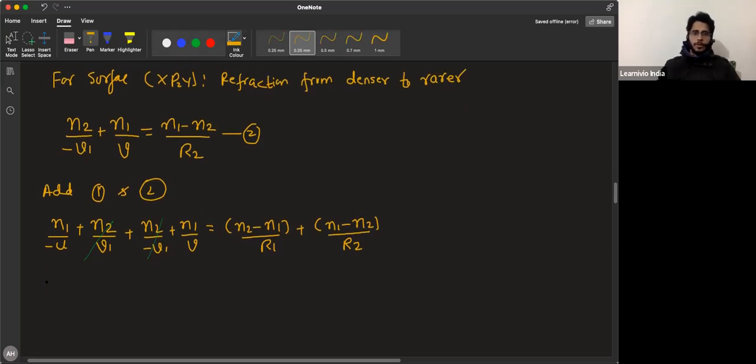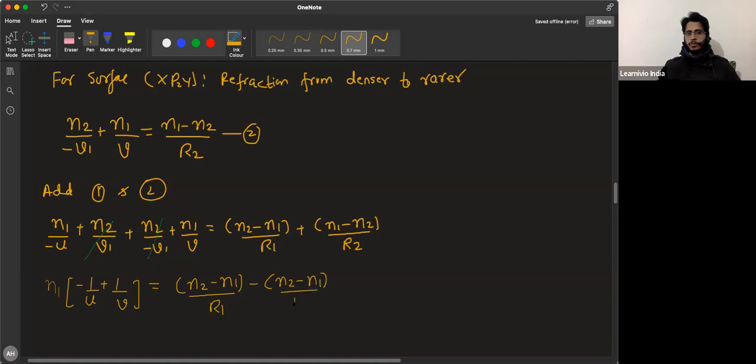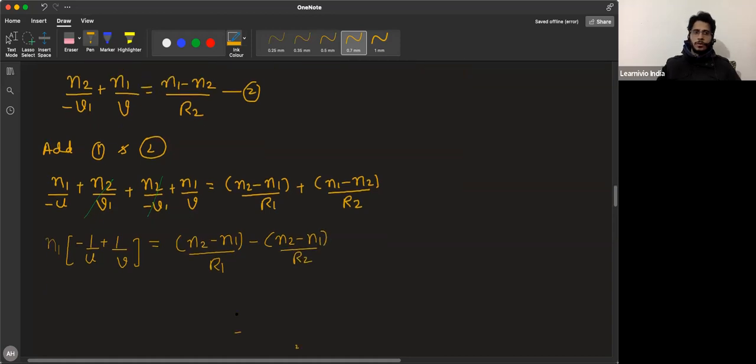You can take N1 common here. So when you take N1 as common, you are left with minus 1 by U plus 1 by V. In both the equations, you can take the minus sign common here. So it's N2 minus N1 by R1, and this will be N2 minus N1 by R2.